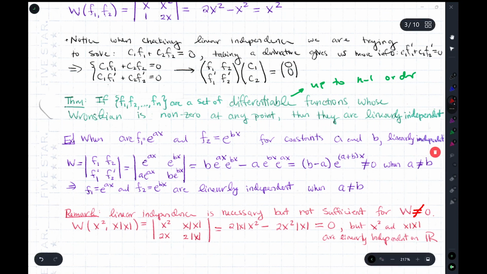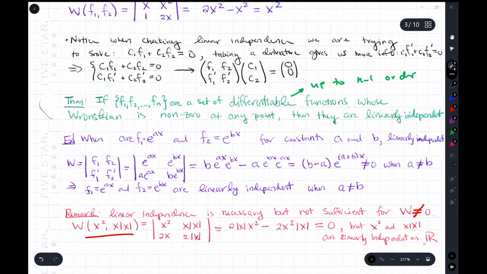The quick example is these functions that we have here, x and x times absolute value of x, which we looked at before. You take the Wronskian of these, and you have to be careful with the absolute value in taking the derivative. But if you do, you get this relation and it is 0.